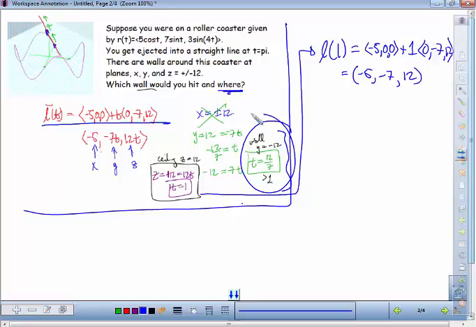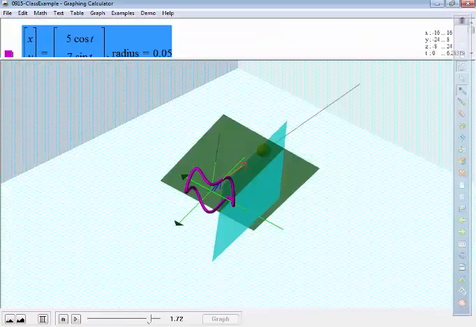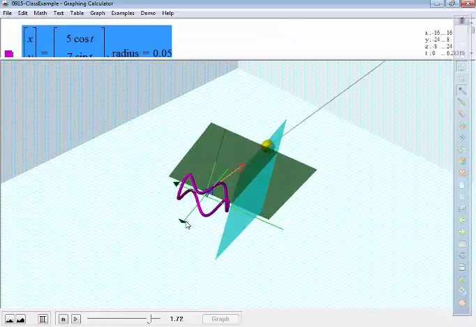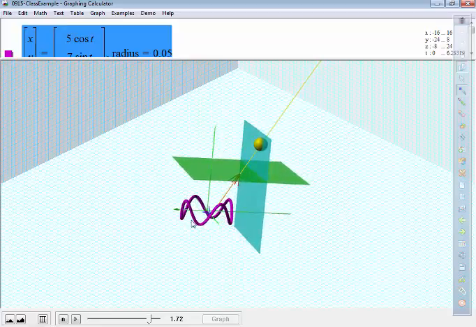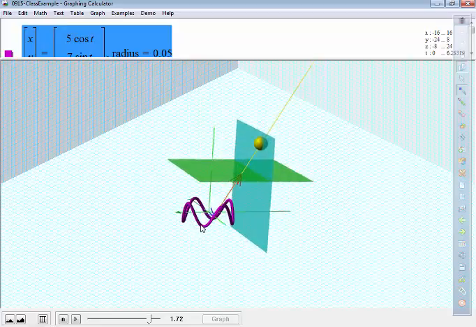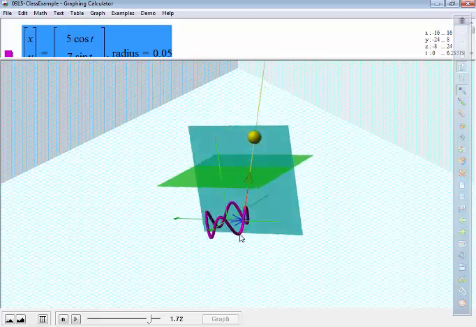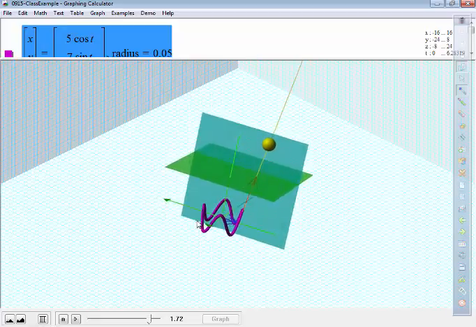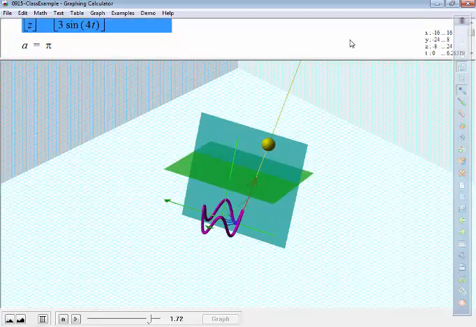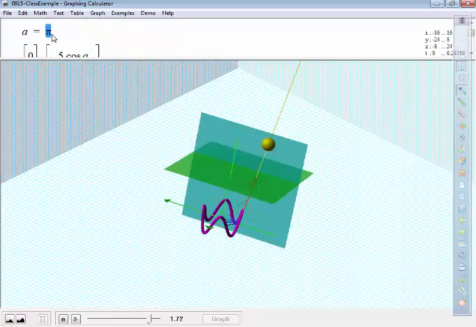Okay, so I got a visual of this. That's a little bit better than it was before. So this is the roller coaster.